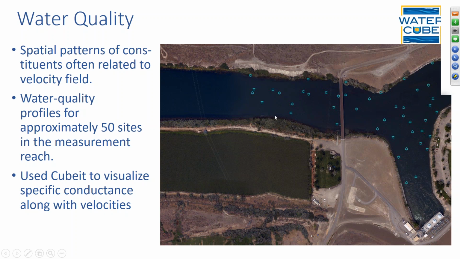So this is fabricated data for the water quality, but what I wanted to point out is you have your coordinates. You have an X, Y coordinate where you put your probe in, you have a depth, and you have the values you've read. And Cubeit does not care where the data comes from. If I put in the data, I can put it on my field.